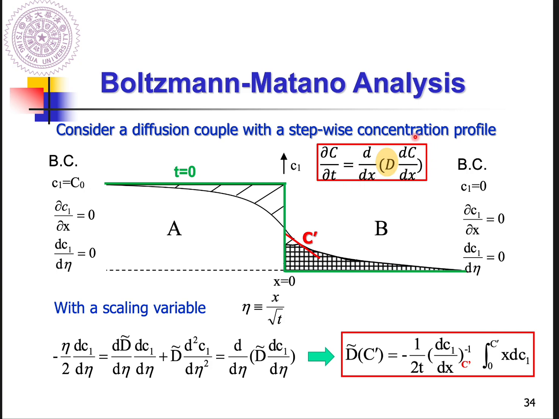We need to solve this diffusion equation, and the method is to define a scaling variable eta equals x over square root of t. After a series of derivations, which we will introduce in the next slide, the result shown here is that the interdiffusivity is a function of the concentration Ca.